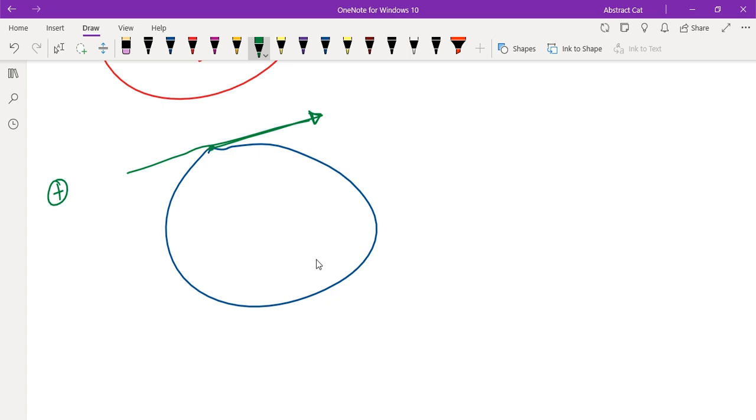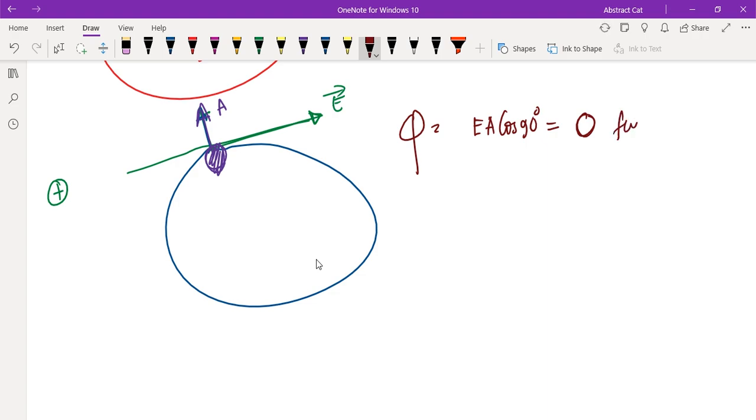So here the electric field is in that direction and the area vector A, consider a small area A, is in that direction. So here the flux phi is EA cos 90. Cos 90 is 0. So there is zero flux.